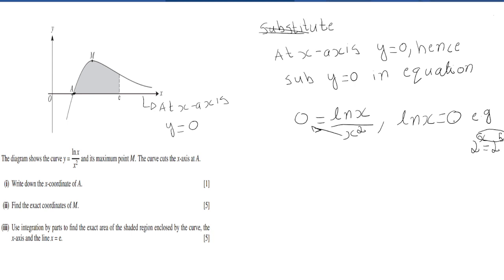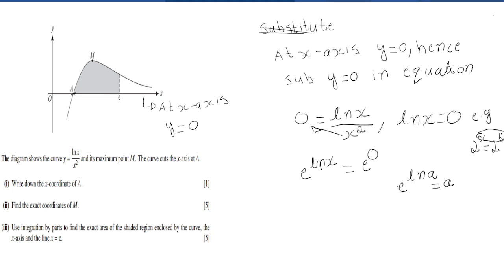So if I write it like this, e to the power ln x is equal to e to the power 0. And from the logarithmic chapter you should know this property, that e to the power ln a is equal to a.